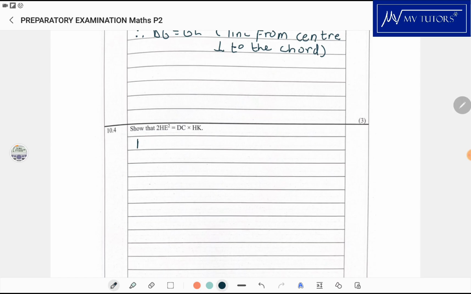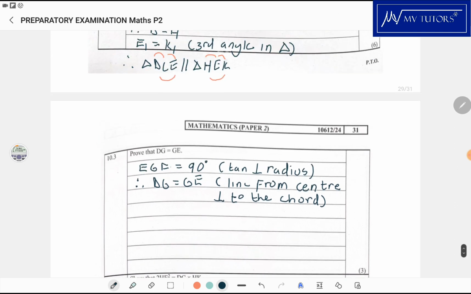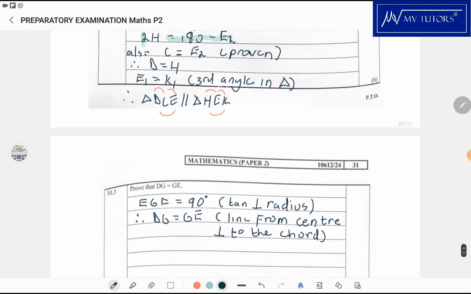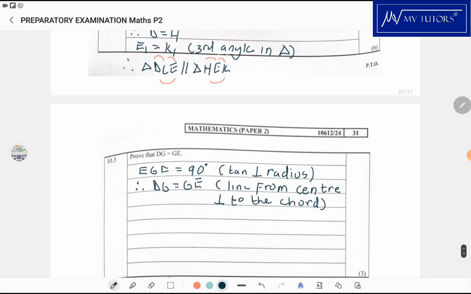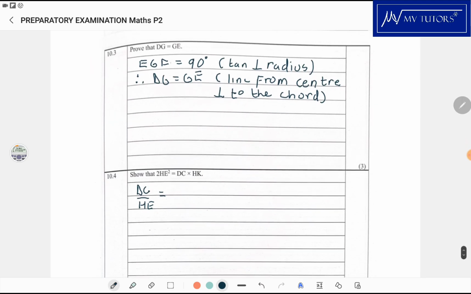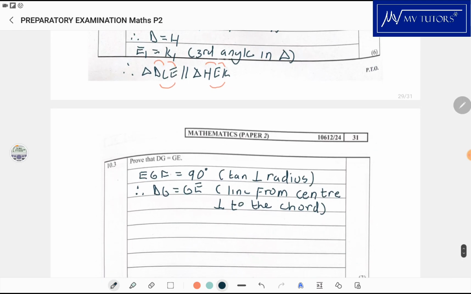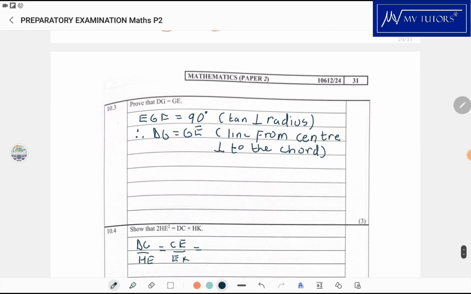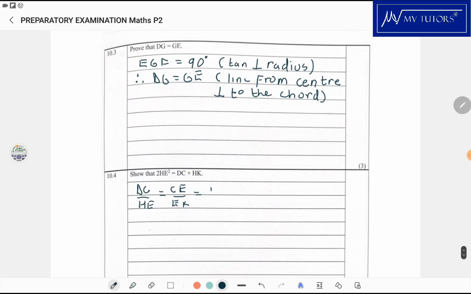But anyway, DC over HE is the first one. So DC over HE is equal to CE over EK, which is also equal to the last one, DE over HK.